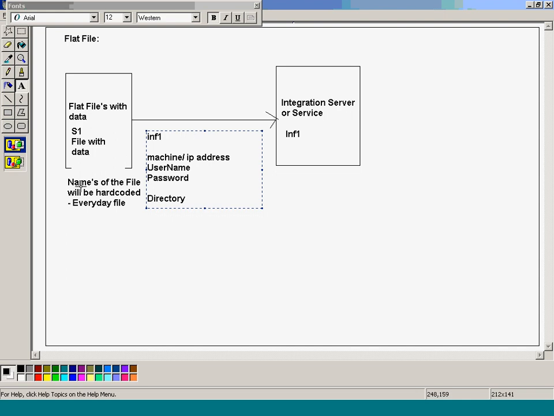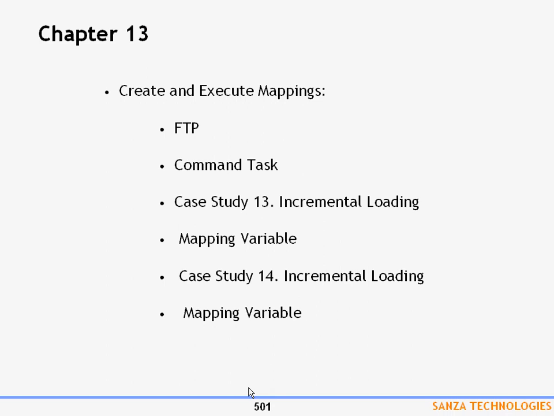So every day they will create files and send these files onto the integration server with the mechanism called file transfer protocol. The terminology we use generally is FTP, file transfer protocol.